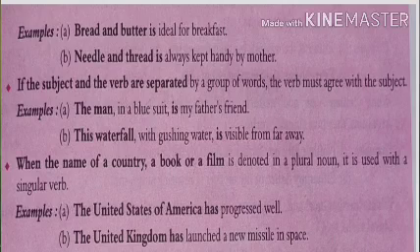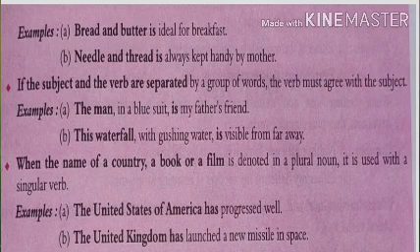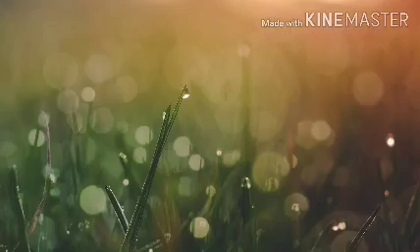So don't be confused when you see s with state, the United States of America, but it is a single country. That is why has. The United Kingdom has launched a new missile in space.